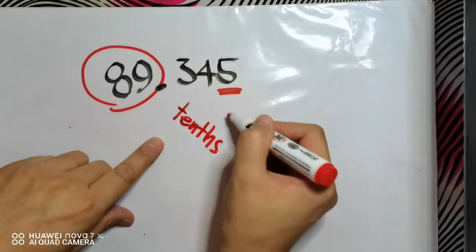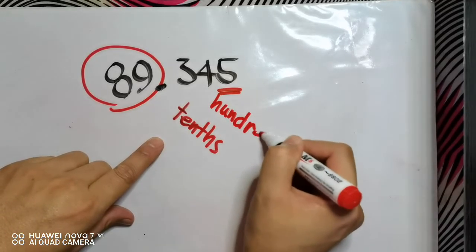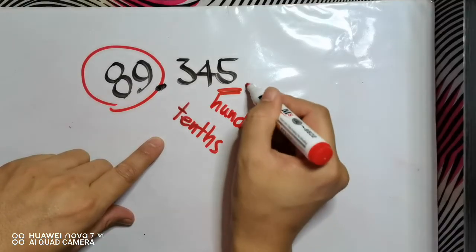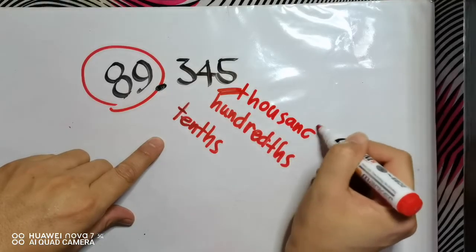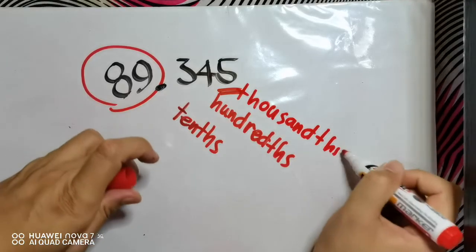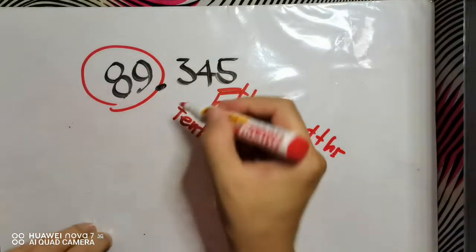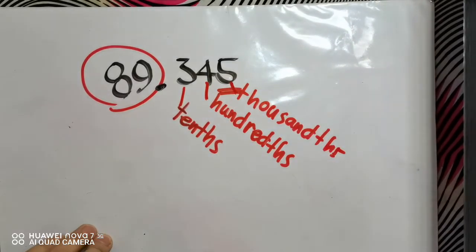Okay. This one is hundredths, and this is thousandths. So, this is tenths, this is hundredths, and this is thousandths.